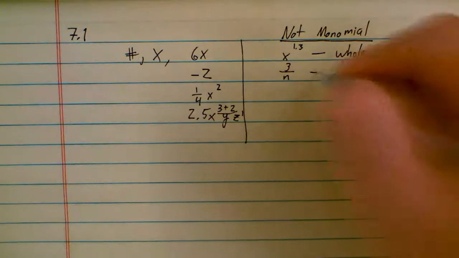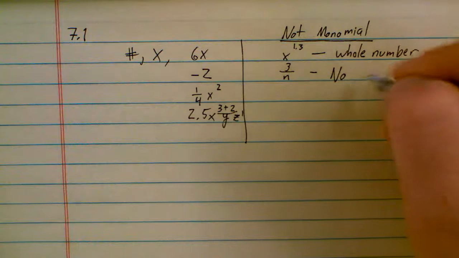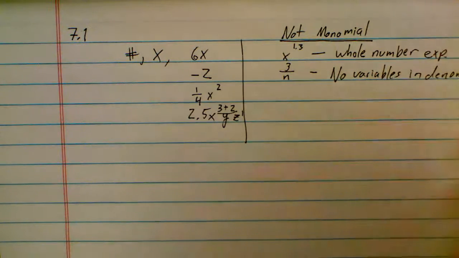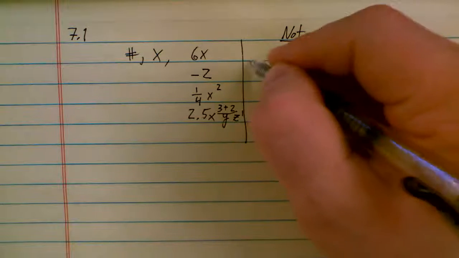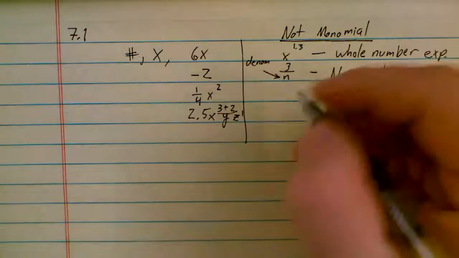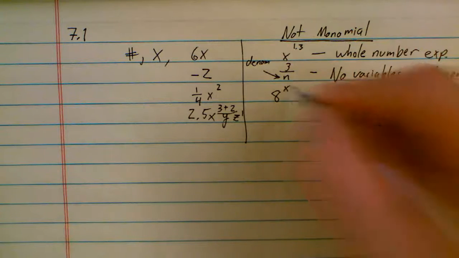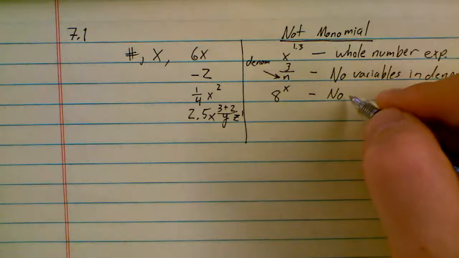This is not because you cannot have variables as denominators. So shorten that up. And as we remember, the bottom number of a fraction or division problem is the denominator. And our third example will be 8 to the x. That is not because you cannot have exponents be variables.